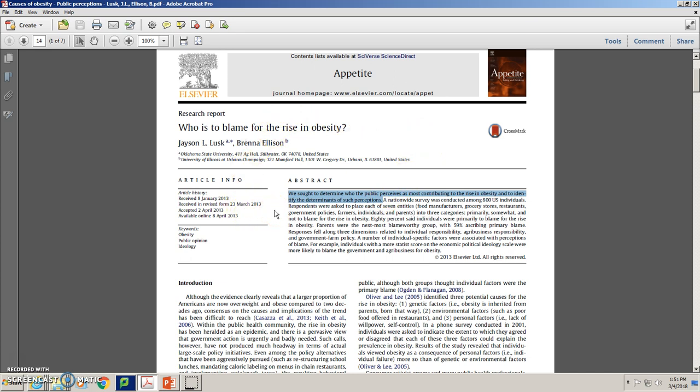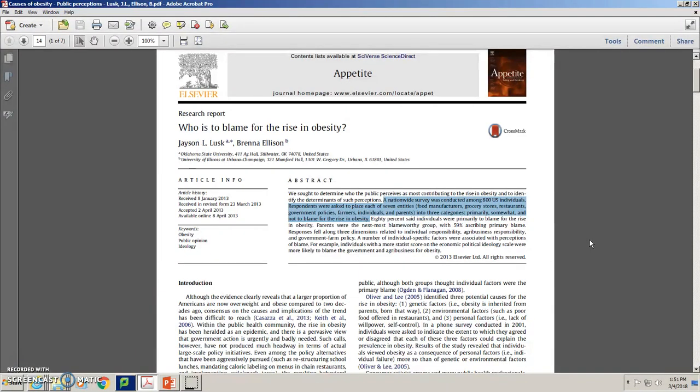We sought to determine who the public perceives as most contributing to the rise of obesity and to identify the determinants of such perceptions. So that's their aim. And the next sentence shows us their method, what they did to collect that information. A nationwide survey was conducted among 800 US individuals.